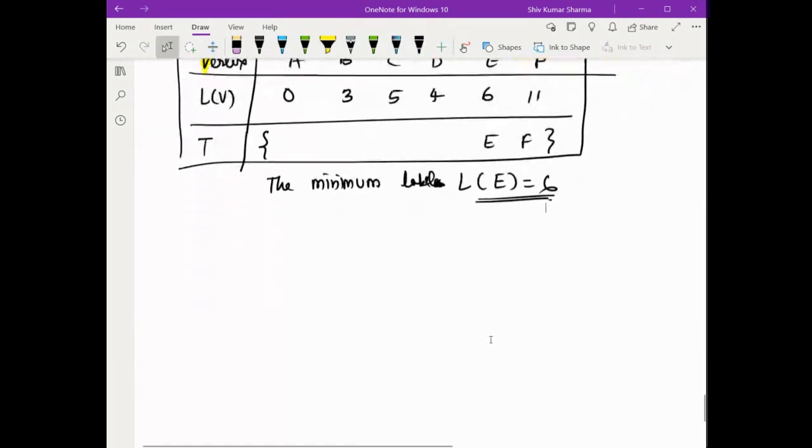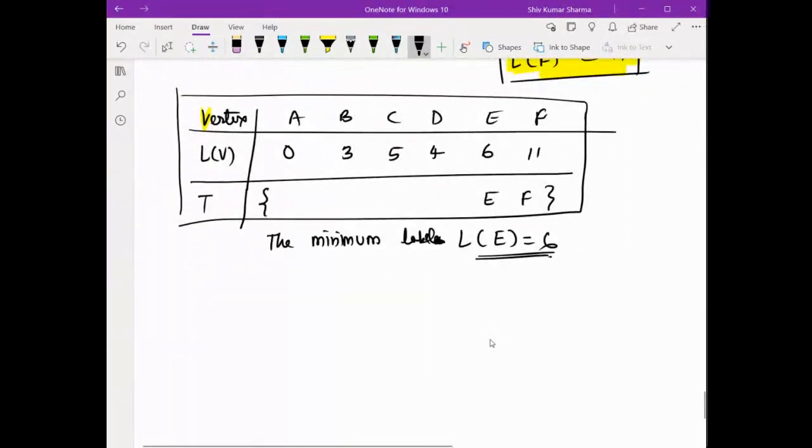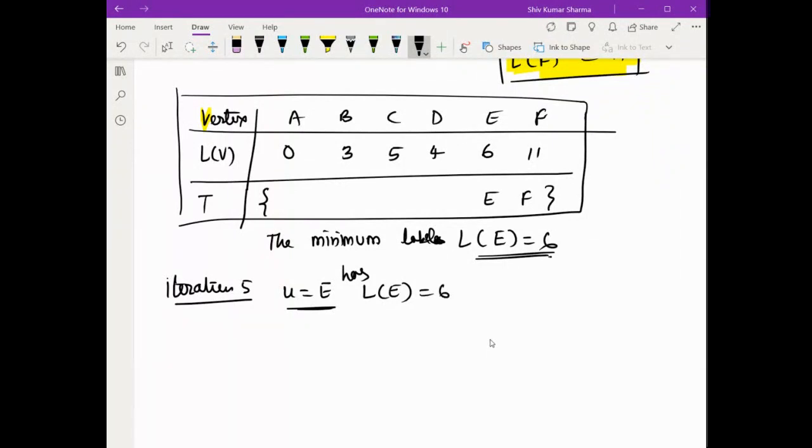So in iteration number 5, U equal to E. Level of E is equal to 6. So we write T becomes T minus E.